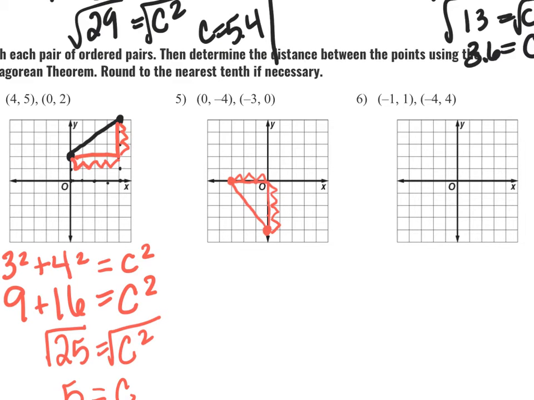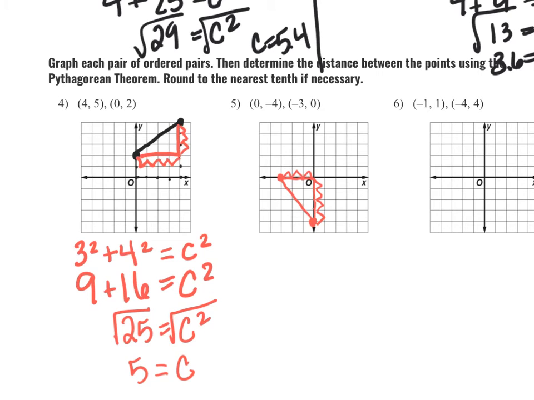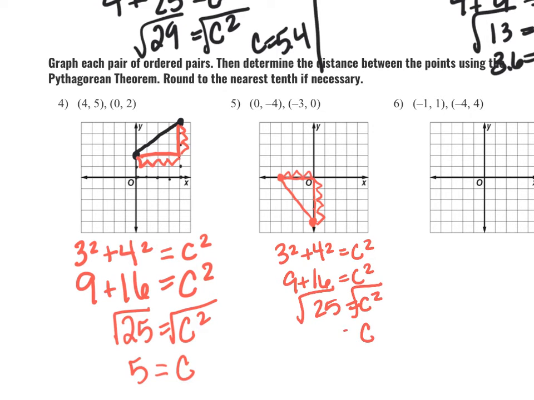So the distance is going to be 5 again because you're going to have that 3 squared plus 4 squared equals c squared. So 9 plus 16 equals c squared. 25 equals c squared. And then you're going to square root both sides. c is going to equal 5.